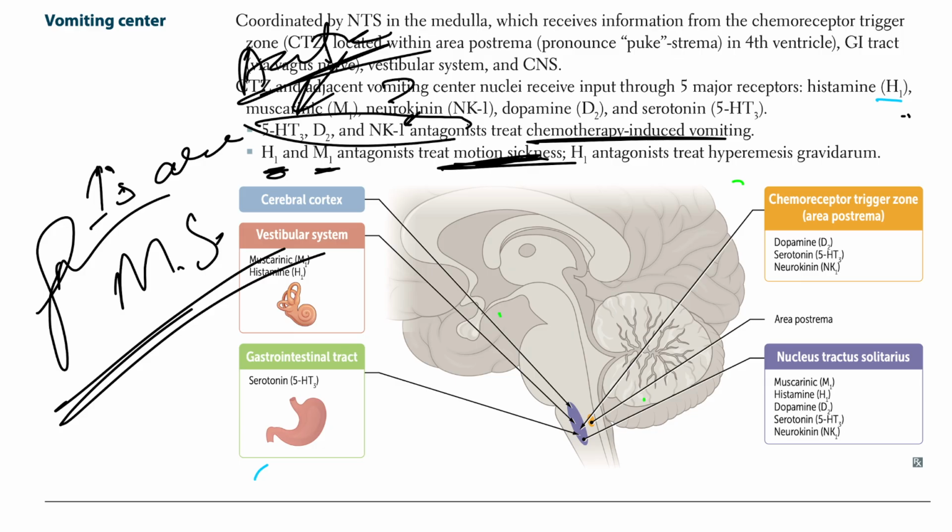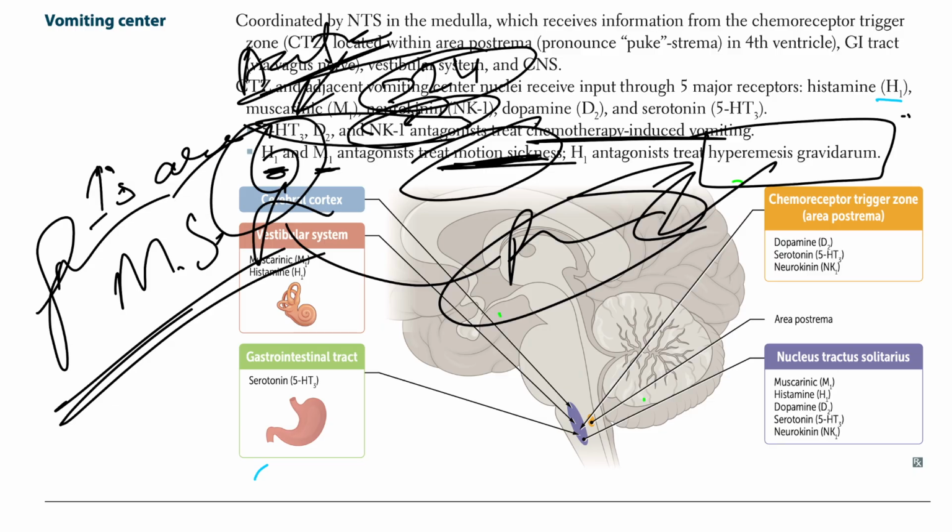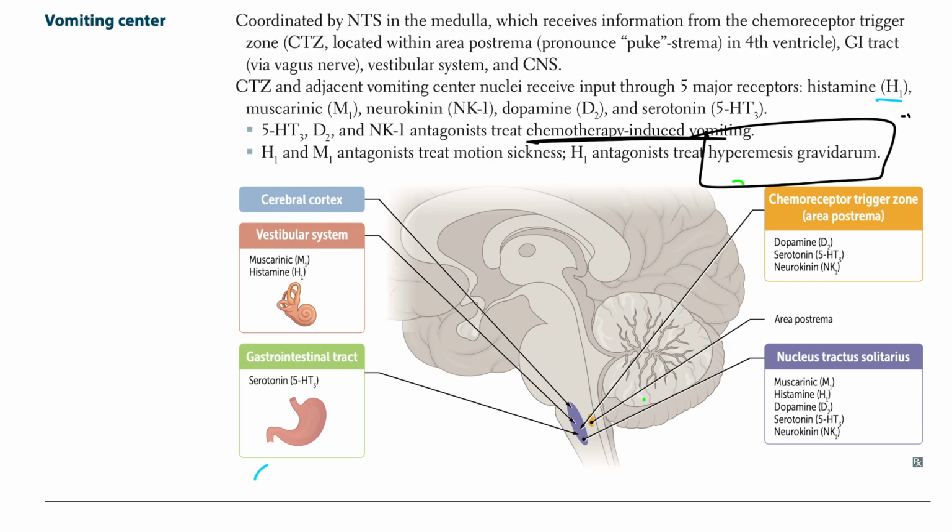While for greater than 24 hours, like after 24 hours, you get the vomiting, you can give NK1 receptor antagonist, like aprepitant and fosaprepitant. And H1 and M1 are for motion sickness, specifically for hyperemesis gravidarum, which is pregnancy-induced vomiting. You want to give H1 blocker, which is promethazine. And that is all. So let's just review the whole thing and move on with the next.